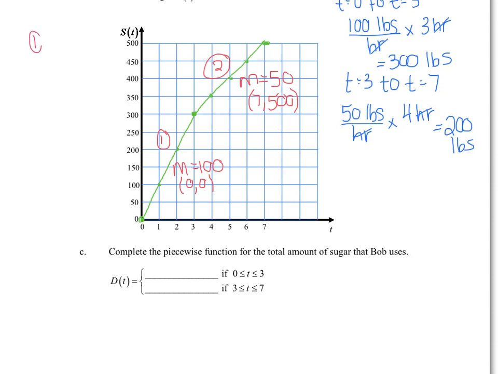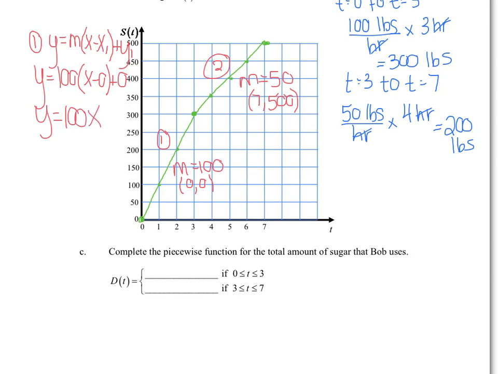So for the first part, remember y equals m times x minus x1 plus y1. Well, y is going to equal my slope of 100 times x minus 0 plus 0. This simplifies to 100x.